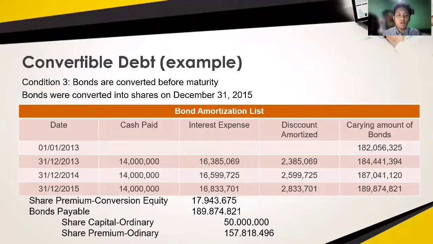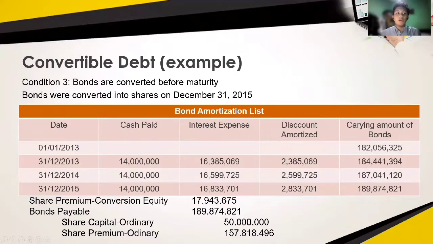This is a bond amortization table. Discount amortized is from interest expense minus cash paid, and the amortized discount will be added to the carrying amount of bonds.